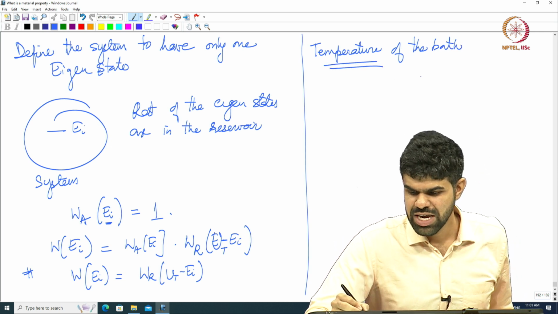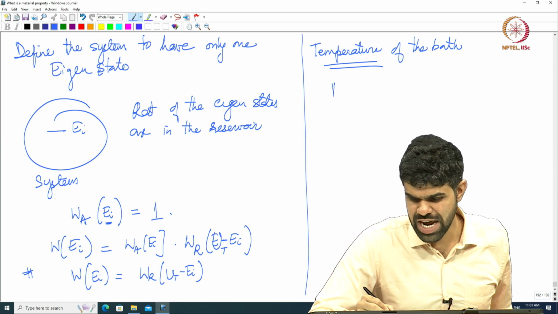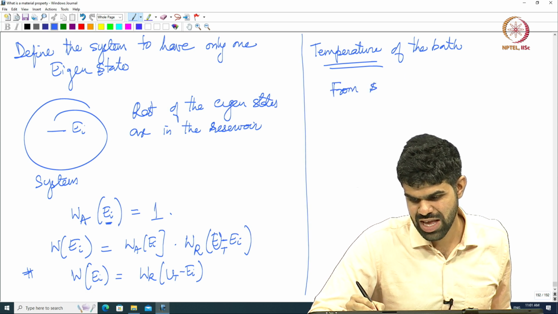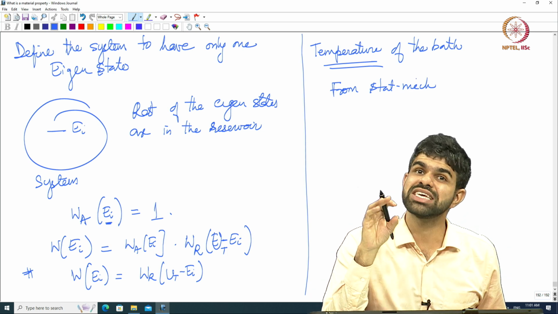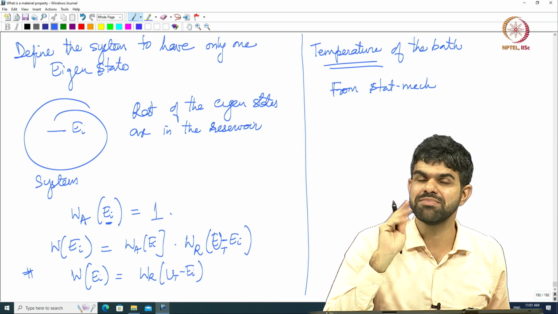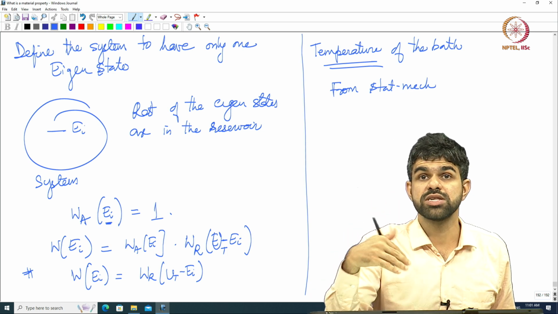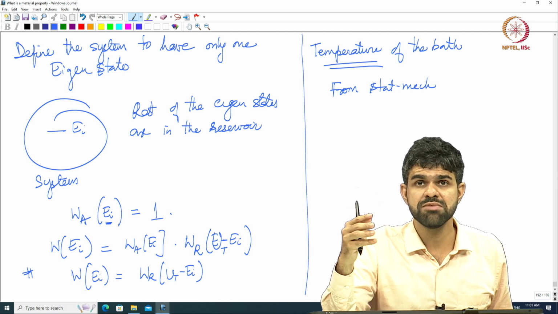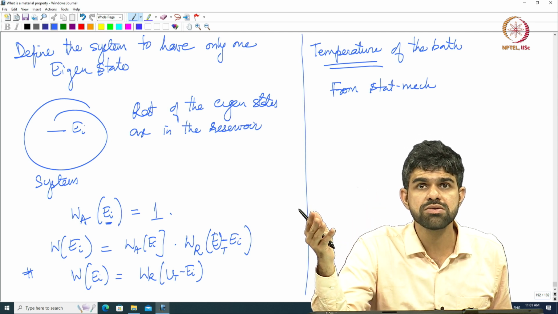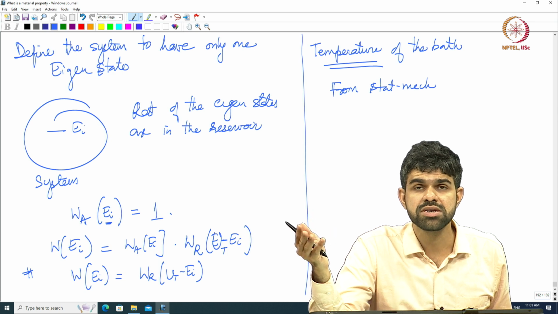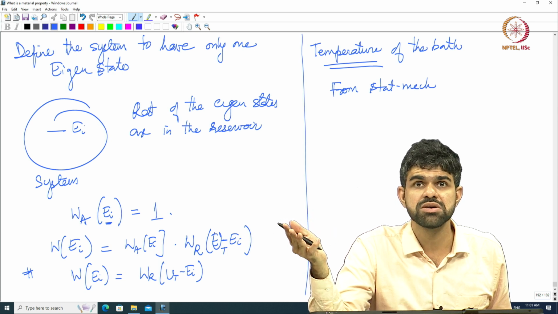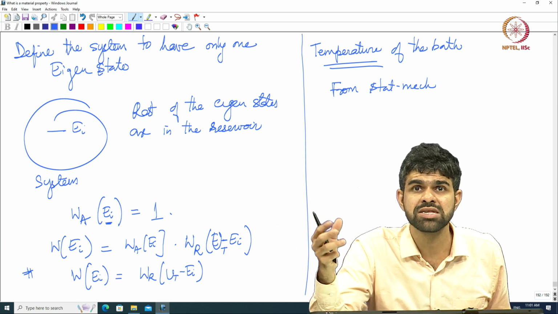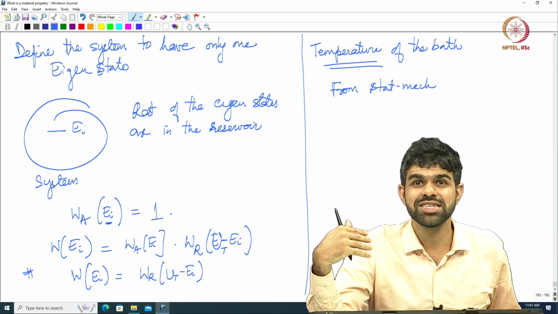In fact, from StatMech, temperature is a derived quantity. Temperature is not something which is assumed. Like in thermodynamics, you assume that you know what temperature is. Temperature is something very fundamental, like the mass of a material.